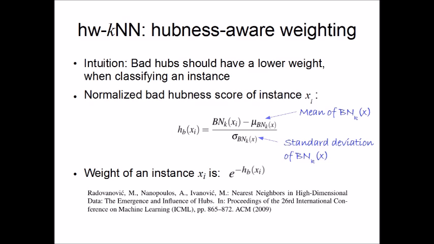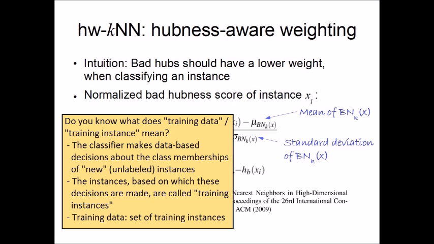As I mentioned, the first Hwknn-aware classifier is essentially a weighting scheme for this previously shown weighted nearest neighbor classifier. In particular, the weights are calculated based on how frequently an instance appears as a bad nearest neighbor of other instances. Of course, this can only be calculated for the instances of the labeled training data.